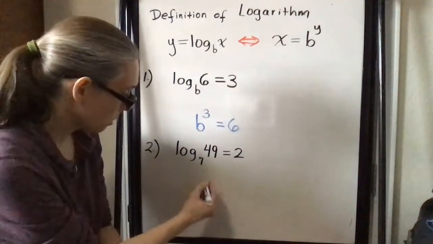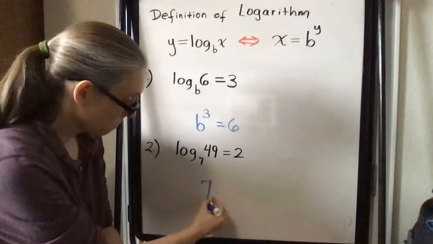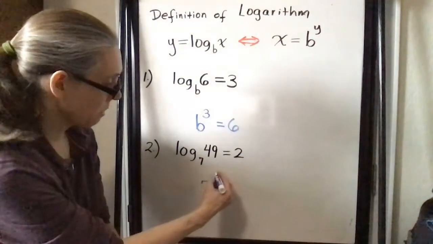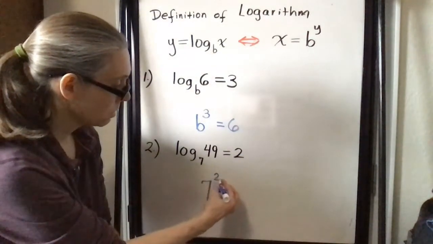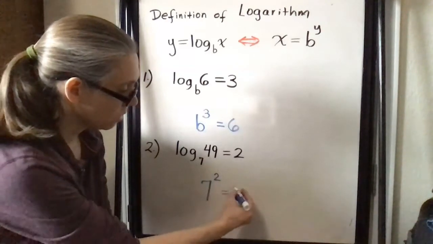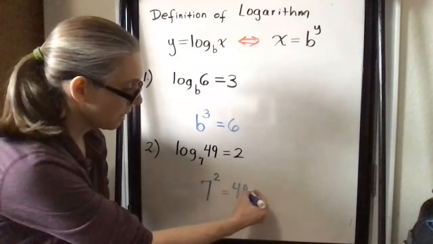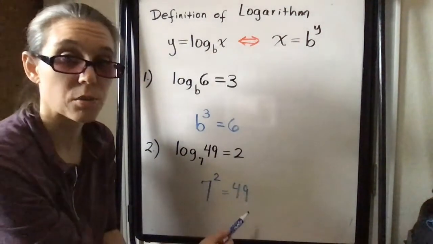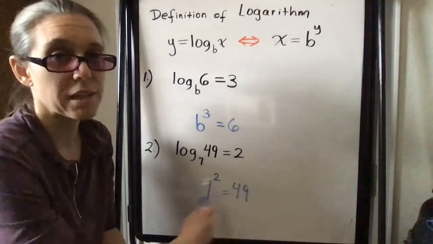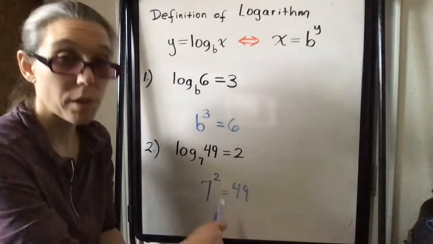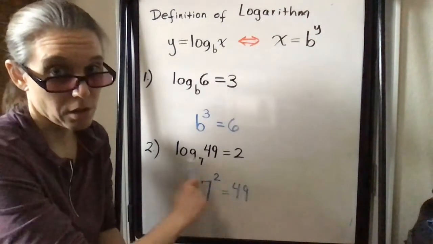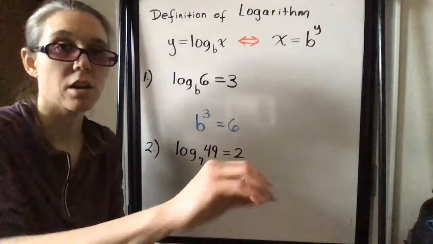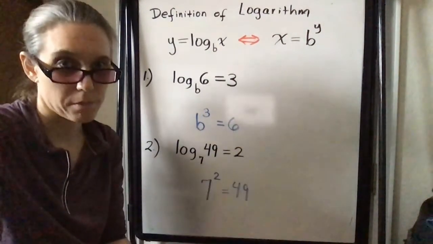So the down low number is still the down low number, and then these two swap. So it becomes 7 squared is equal to 49. That should look familiar, right? 7 squared is equal to 49. So this is the exponential statement that's equivalent to this logarithmic statement. We're just using the definition of the log to go back and forth.